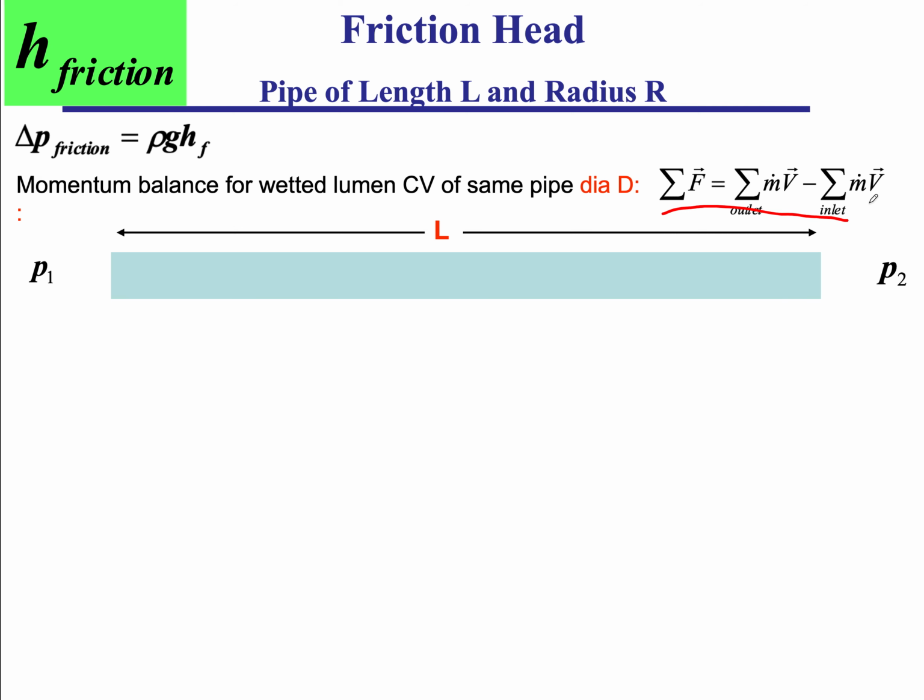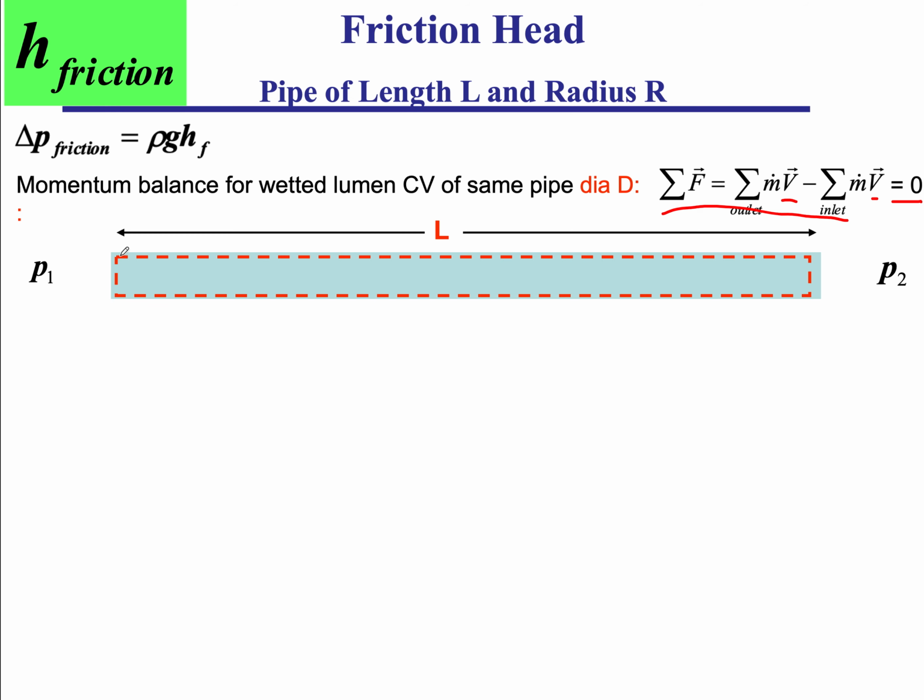M dot in is M dot out. And if I have a constant pipe diameter, the velocity that comes in will be the velocity that leaves. So my momentum fluxes in and out are equal. So I don't have a net change in momentum flux between the in and out of the pipe. So that would actually be equal to 0.